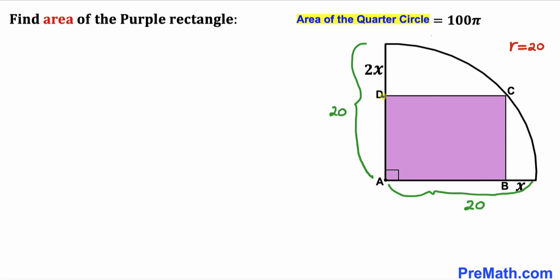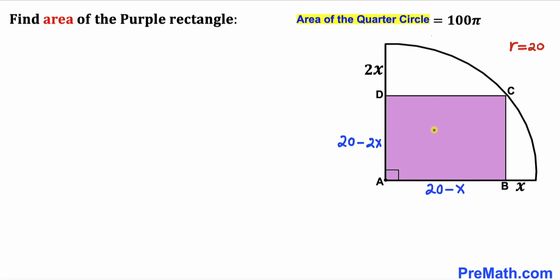So this side length AD of this purple rectangle is going to be 20 minus 2x. And likewise, this side length AB of this purple rectangle is going to be 20 minus x.